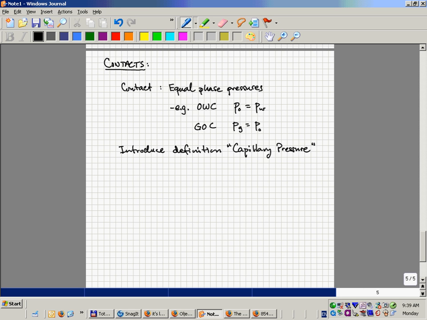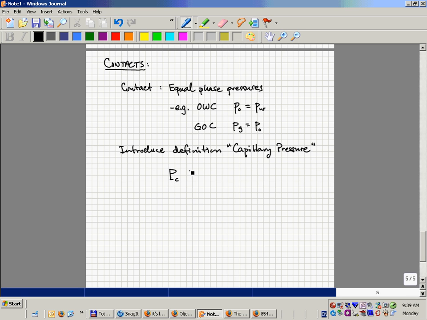Now define capillary pressure. P, C, capital, these are small p's, by the way. The symbol for pressure is small p. Capillary pressure is big P. Okay, so I write it like that.